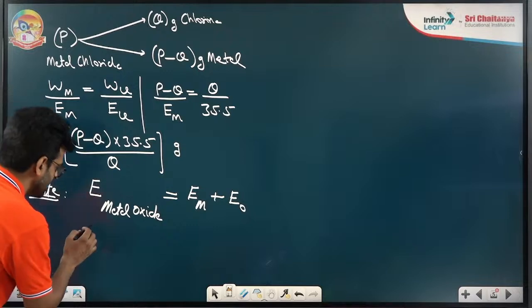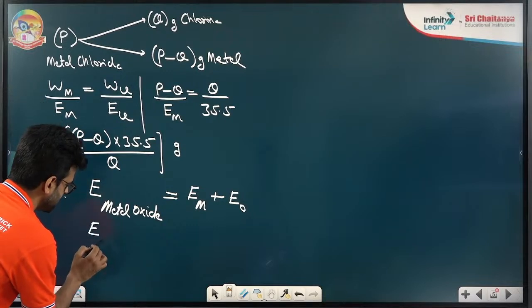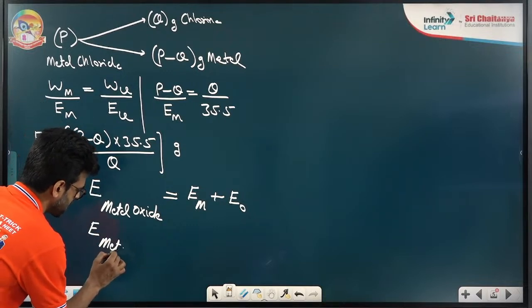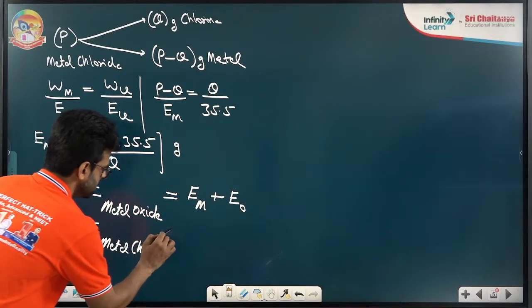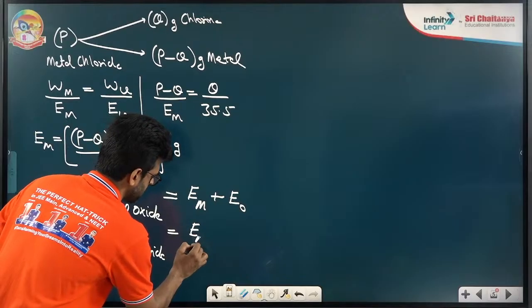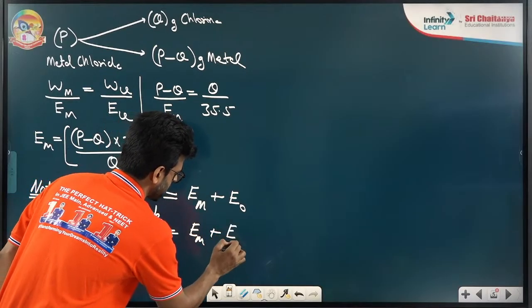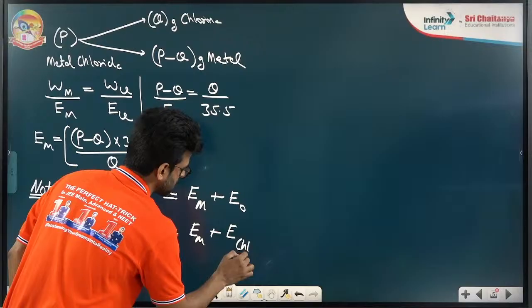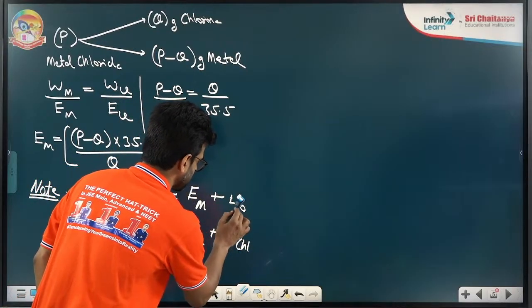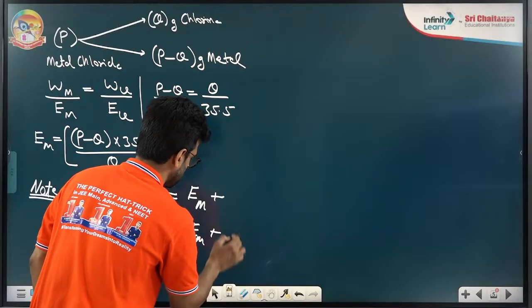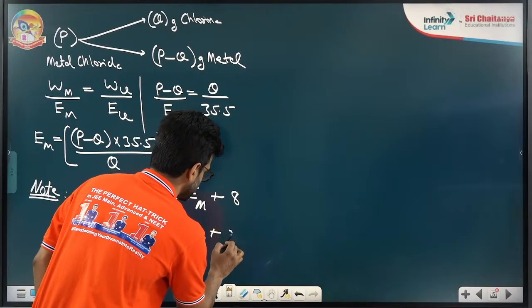Similarly, the equivalent weight of metal chloride is the equivalent weight of metal plus equivalent weight of chlorine, or chloride, the Cl negative ion. Or in short, you know this thing: for oxygen it is 8, for chlorine it is 35.5.